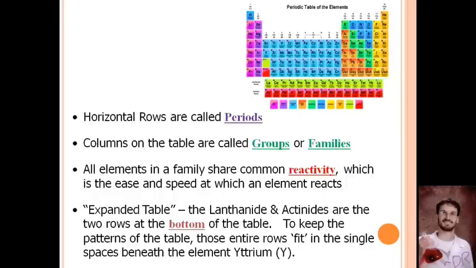All of the elements in any given family have something in common, just the way that Mendeleev laid it out. They all react in the same way. They all have the same reactivity, and reactivity means the ease and speed at which an element reacts.